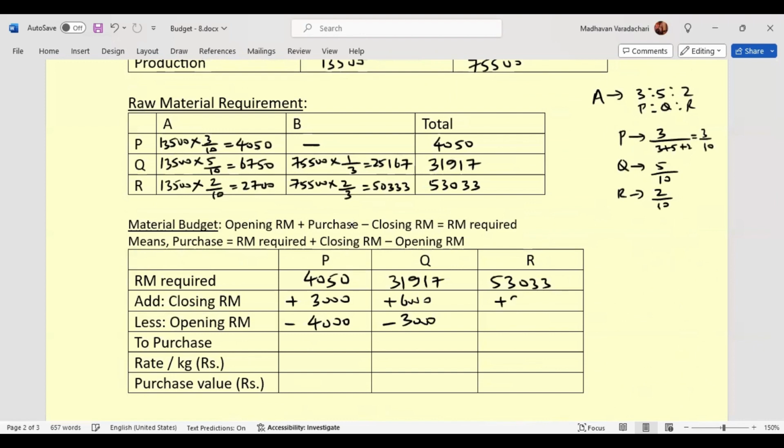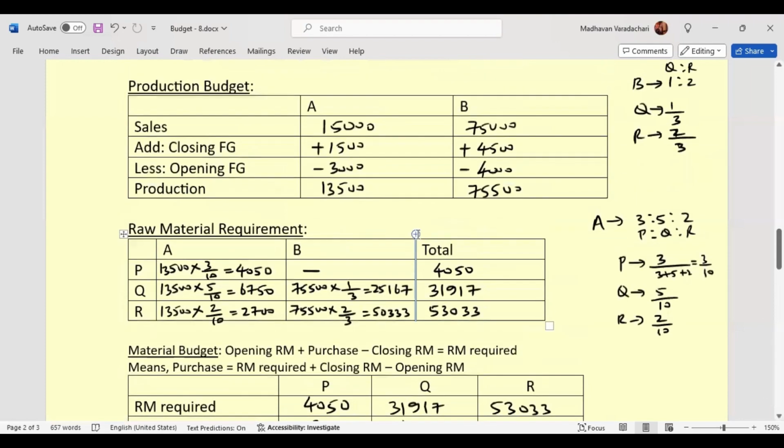So plus 9,000 minus 30,000. Now let us calculate 4050 plus 3,000 minus 4,000. It becomes 3,050. Here 6,000 minus 3,000, 3,000 to be added. So 34,917. Here it is. This is 30,000. Sorry. Means 30,000 negative, 9,000 positive, which means 21,000 needs to be subtracted. So 32,033.